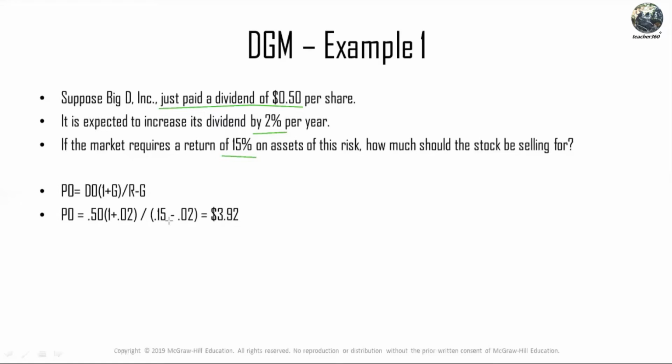So if you buy the stock investing $3.90, you will receive a $0.50 dividend currently, and a 2% increment each year. So now it is the investor's choice whether to invest in the stock or not.